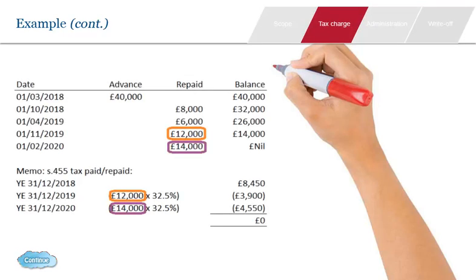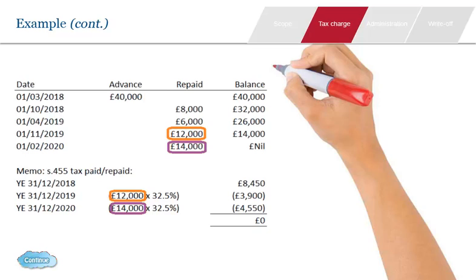That leaves the final 2 repayments, being £12,000 made during the year ended 31st December 2019 and £14,000 during the year ended 31st December 2020. These are shown on the slide in orange and purple respectively. The repayments give rise to refunds of Section 455 tax which are receivable by reference to the accounting period during which the repayment was made.